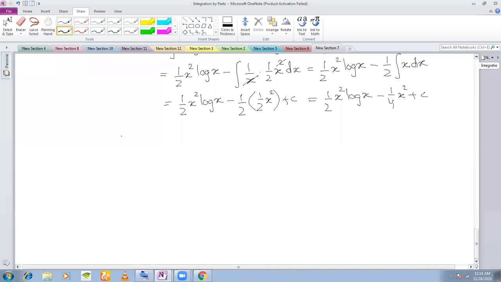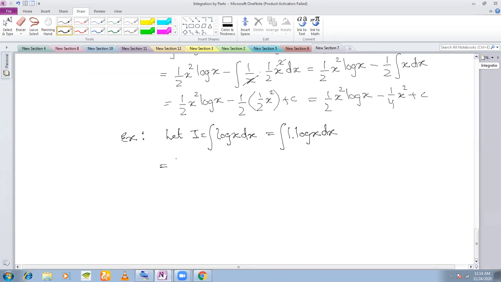Okay, so that is integral x log x dx. Let's do the next one. So how will you integrate only log x? See, this is only one function, right? So you can write this as a product of two functions as 1 into log x dx, right? Now, which one should you take as your first function?